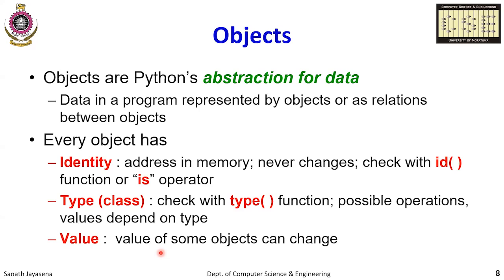Or another string with a single letter, let's say X, so that's also a string object with value being X. So these three are important things to remember that every object has. The value of some objects can change, whereas some other objects cannot change. We will talk about it a little later. So let's proceed.